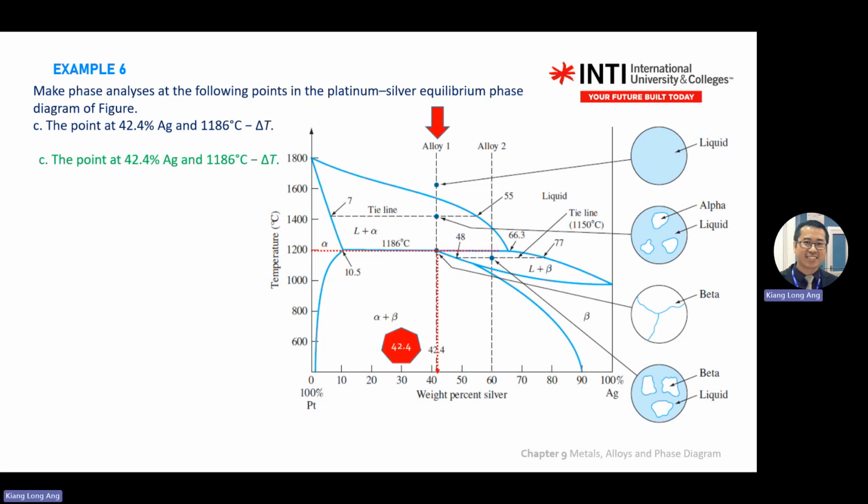So in this case, the temperature is just below 1186. Okay, it touched this line. So of course, it will be a bit confusing when it reaches this very short line here.